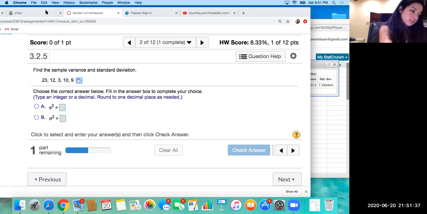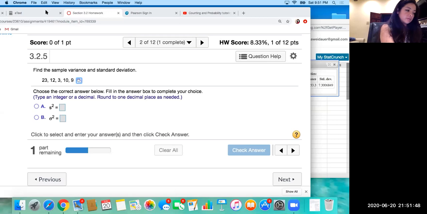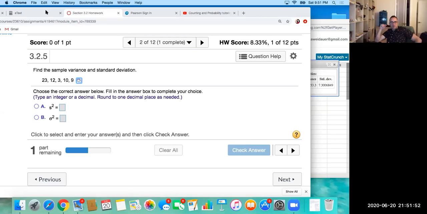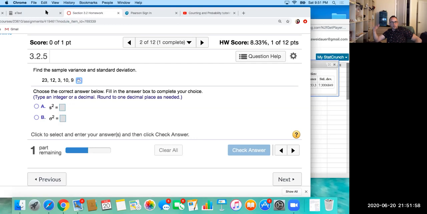Are those letters used to represent this? Greek letters represent the population. Okay, so sigma is the population. And then would it be S? English letters are for the sample.